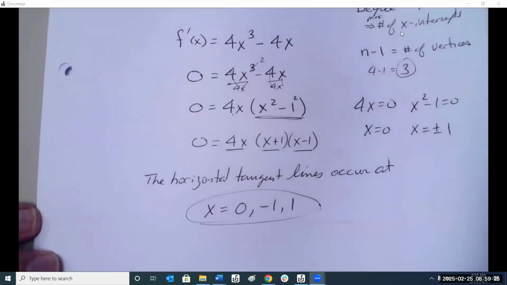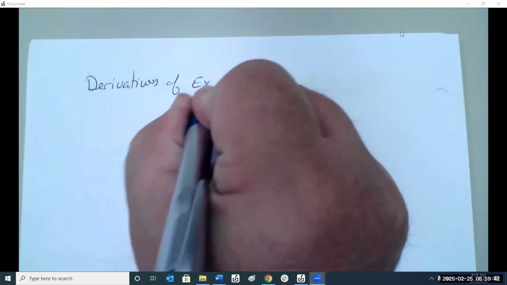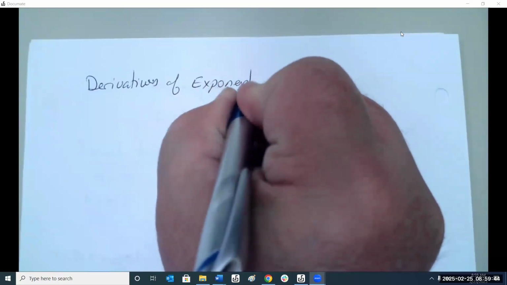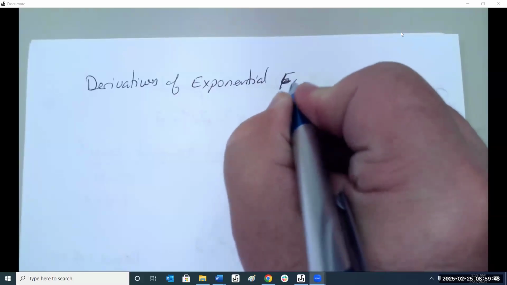All right. So far, we've always had x as a base or as just the function variable itself. Derivatives of exponential functions.